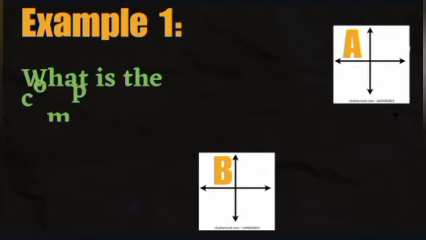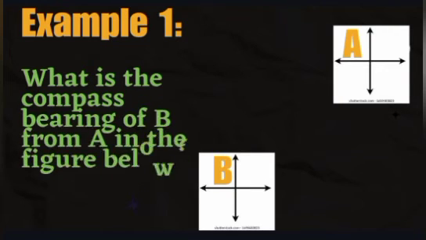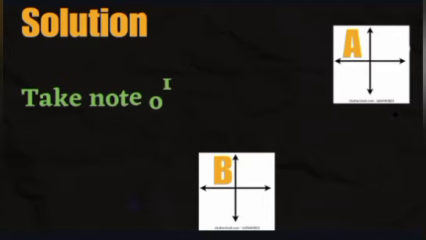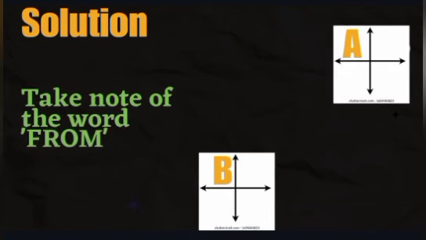Now, let's say, for example, you have these figures, these points, point A and point B, and you are told what is the compass bearing of B from A in this figure. Now, in this topic, bearing, always take note of the word from. Take note of the word from.